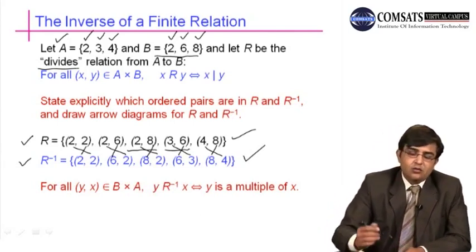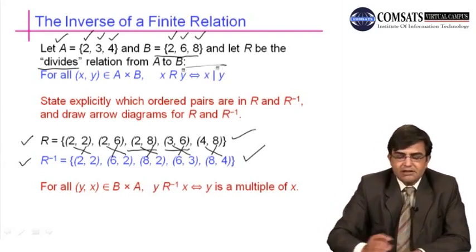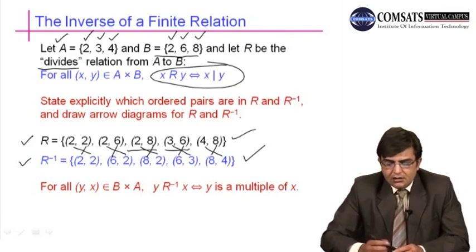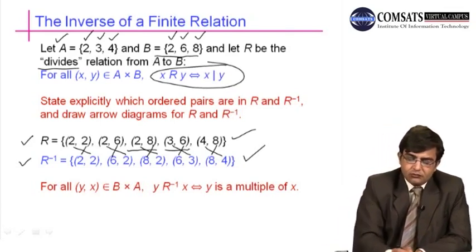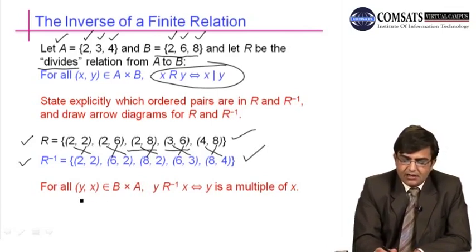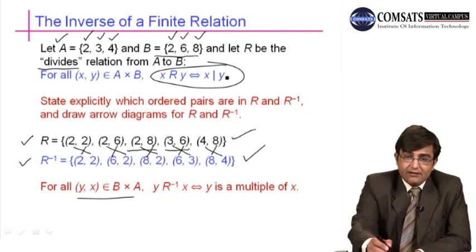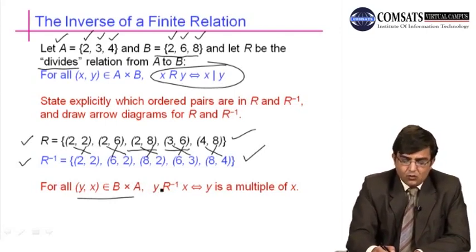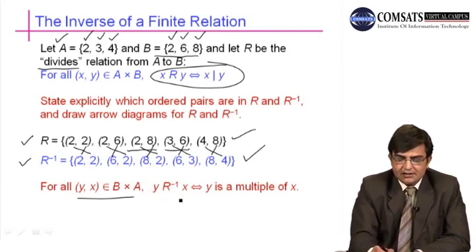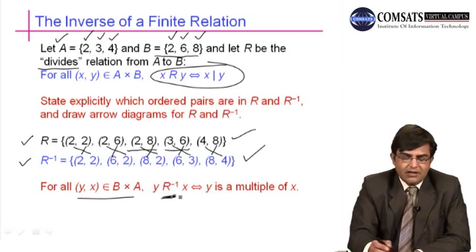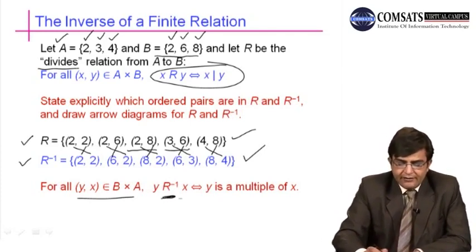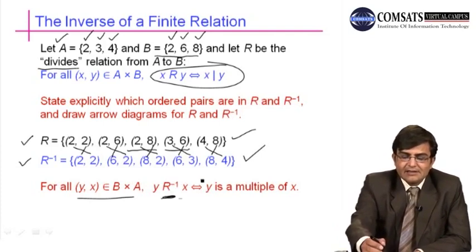There is another way. We write the inverse and then we define it. For all yx belongs to B cross A, y is related to x under the relation R power minus 1, or R inverse, if and only if x divides y, that is, y is a multiple of x.